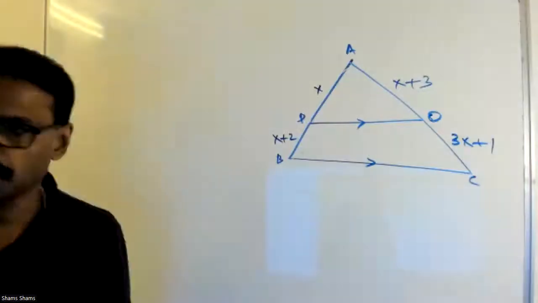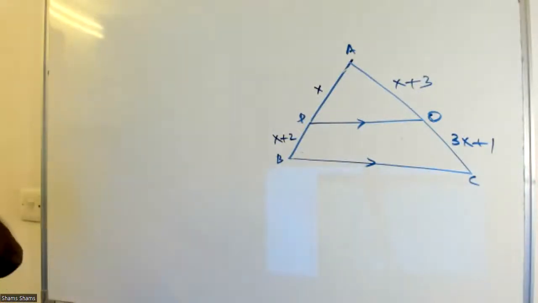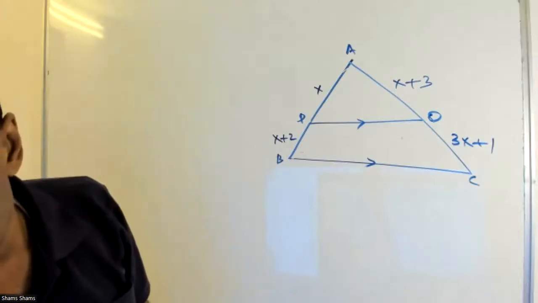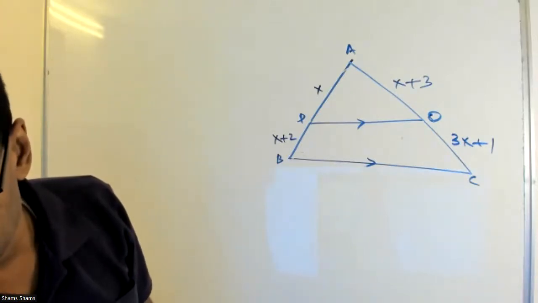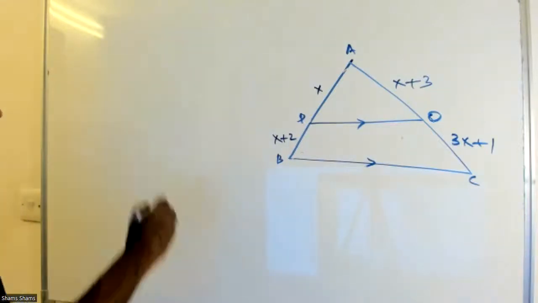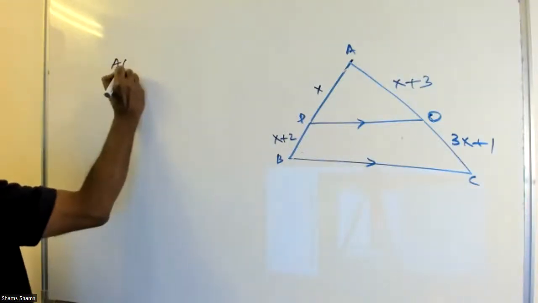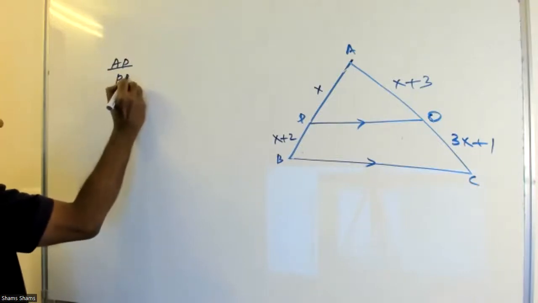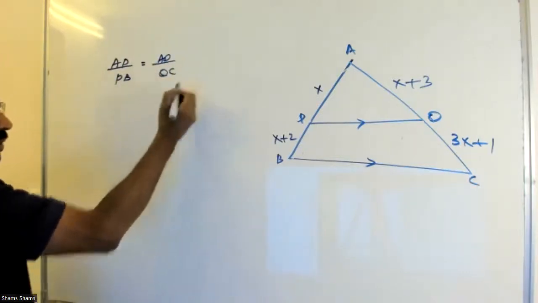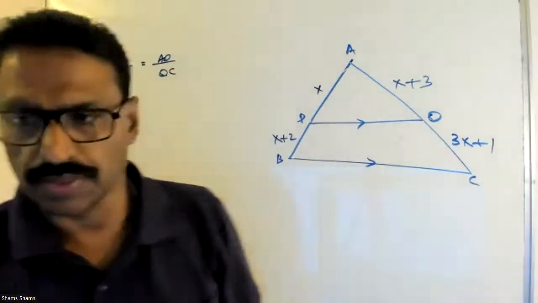Okay, Muhammad Hafiz, anybody got the answer? Simple. You try AP divided by PB equal to AQ divided by QC.